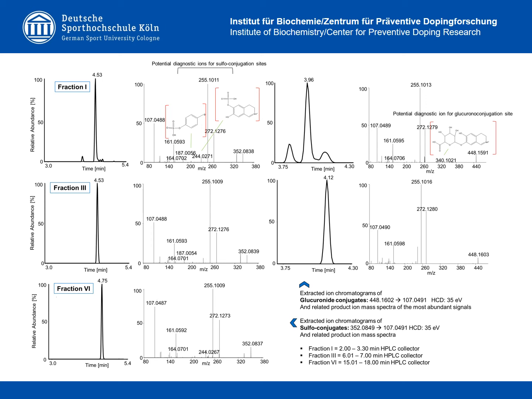And in fraction 6, we can observe the product ion of 244, just this one, so it could mean that it's a monosulfate. But again, further experiments will follow.